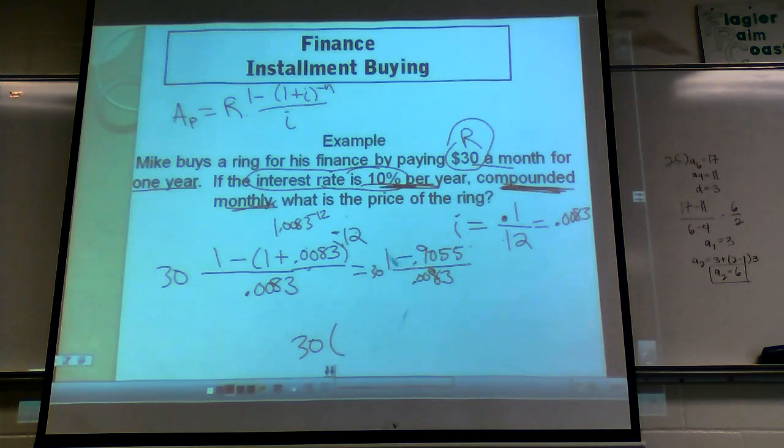What is 1 minus 0.9055? 0.0945. And then 0.0945 divided by 0.0083 is 11.3855. And then the last step would be multiplying that by 30, the amount you're paying every time. 341.5. There you go.